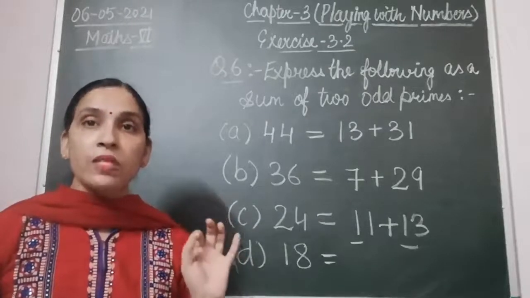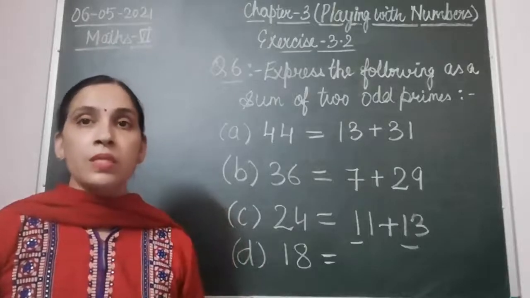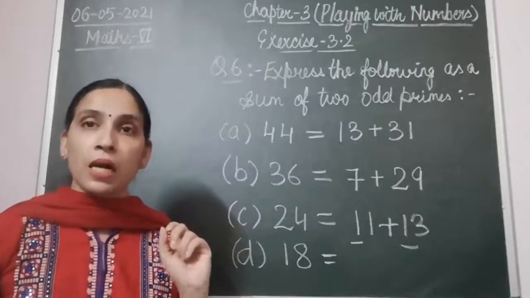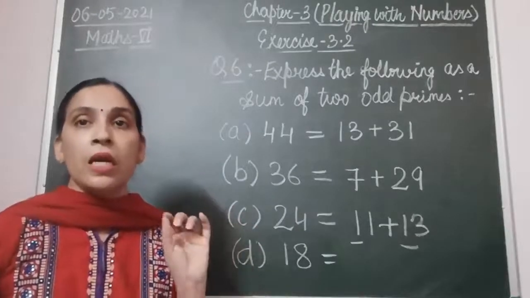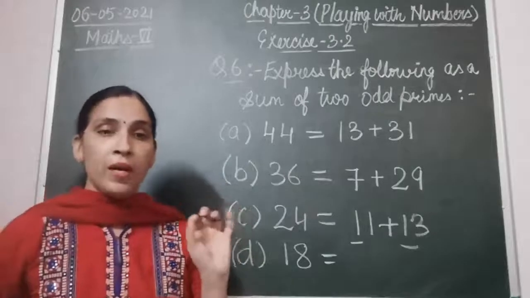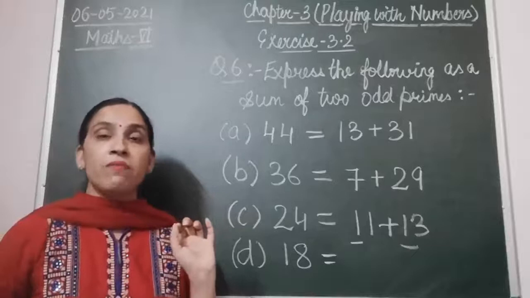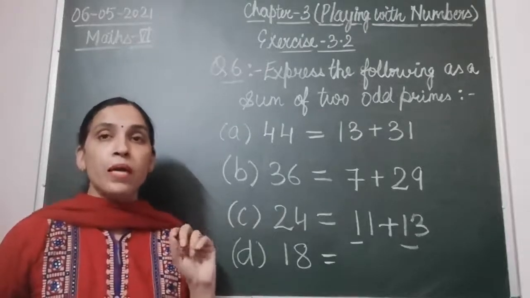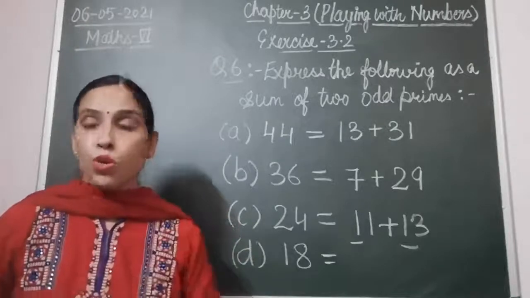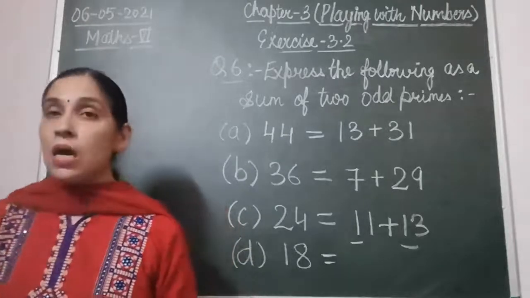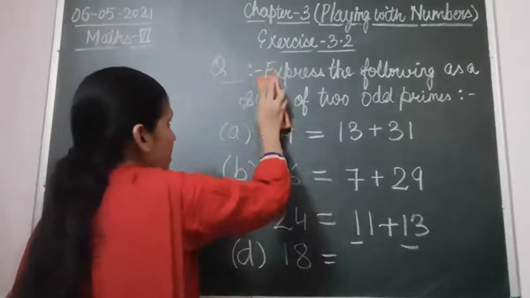If two prime numbers have a difference of 2, then those two numbers are known as twin primes. In the previous class we have done the definition of twin primes also. Twin primes are those two prime numbers whose difference is 2.